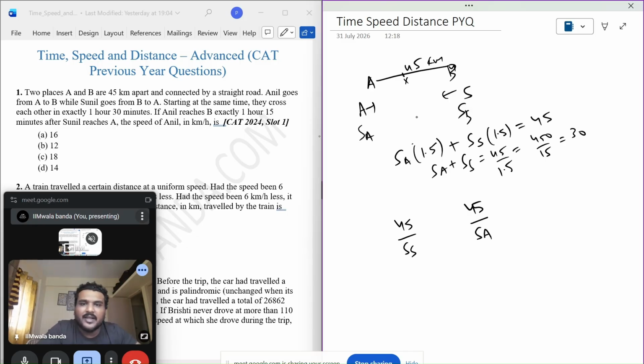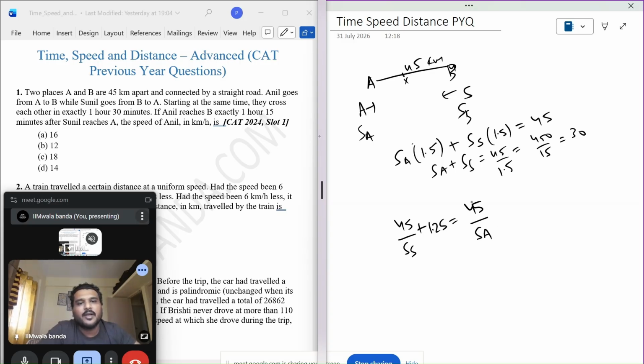And it is saying that A reaches B after S reaches A. So S reaches A in this much time, and after 1.25 hours, SA is reaching point B.